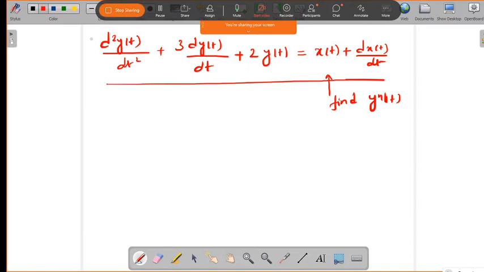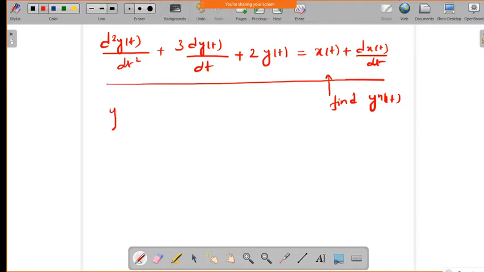And the initial conditions you can write: y of 0 is equal to 0, and dy of t by dt at t equal to 0 is equal to 1. So these are the initial conditions which are given.